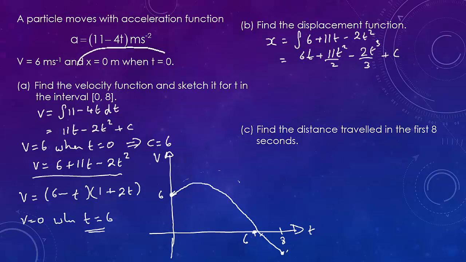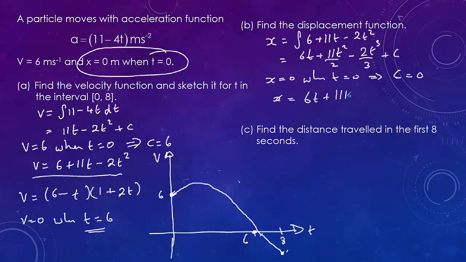But we know that x equals 0 when t equals 0, and that implies that the constant is 0. If we substitute in, all of those would be 0. So x is just going to be 6t plus 11t squared over 2 minus 2t cubed over 3.